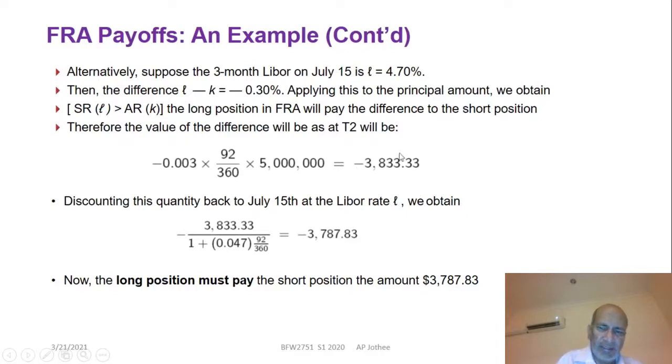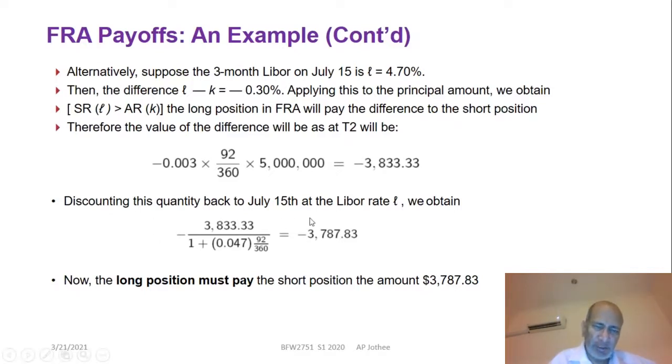So at the T2 point, at that 15 October, how much you being in the long position have to pay to the short position is what we are going to calculate. That is 0.003, that is 0.3% minus 92 days over 360 times 5 million goes to minus 3,833.33. That's what you have to pay. That's why there's a minus sign.